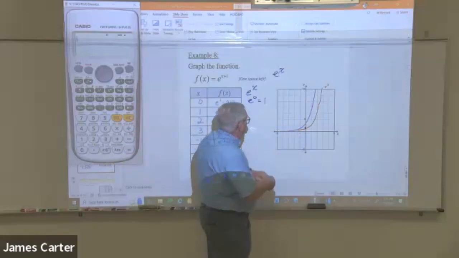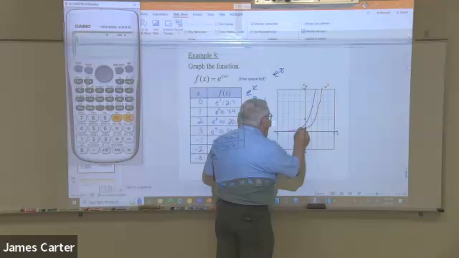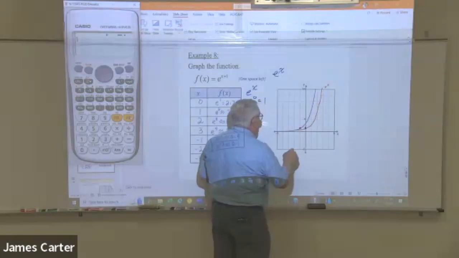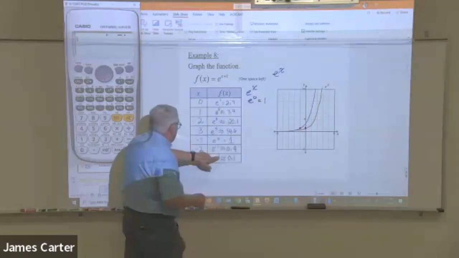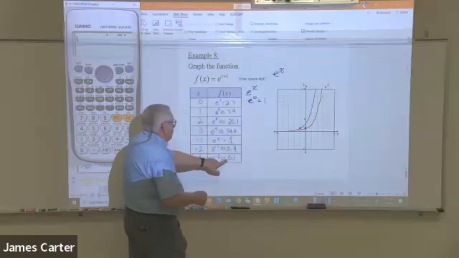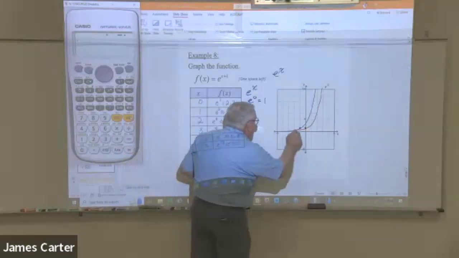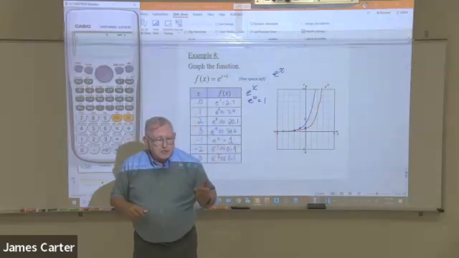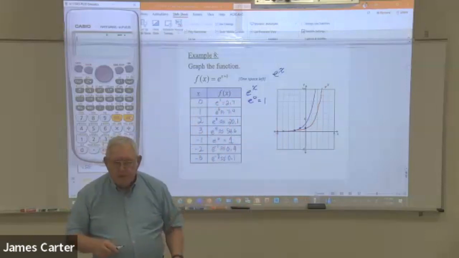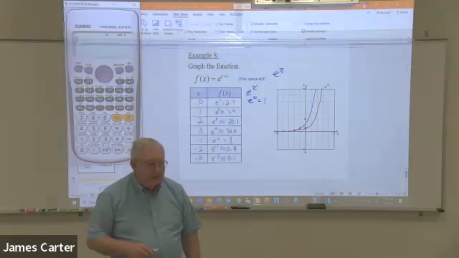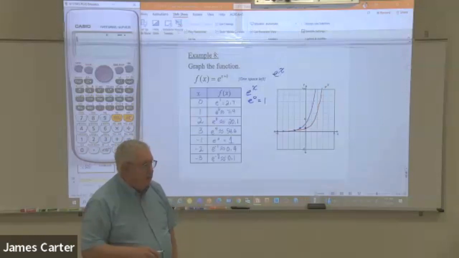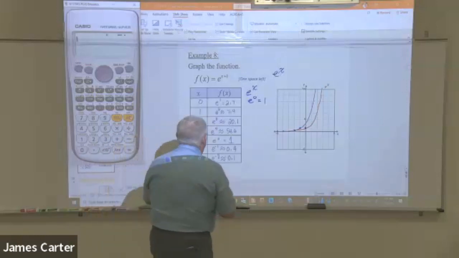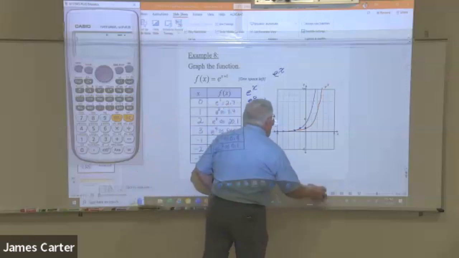We're on this one now. Then if it's -2, it's getting closer. And if it's -3, it's getting closer and closer and closer, but never quite crosses the x-axis. That's a boundary on that thing, called the horizontal asymptote.